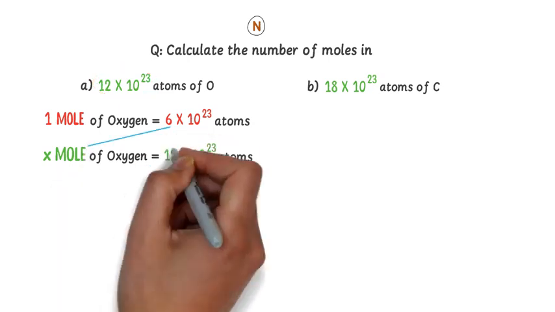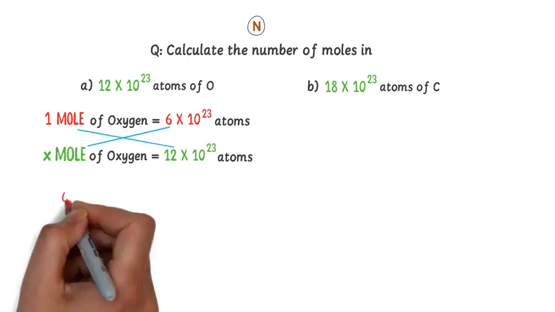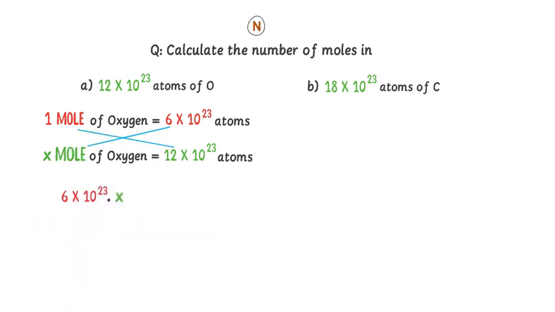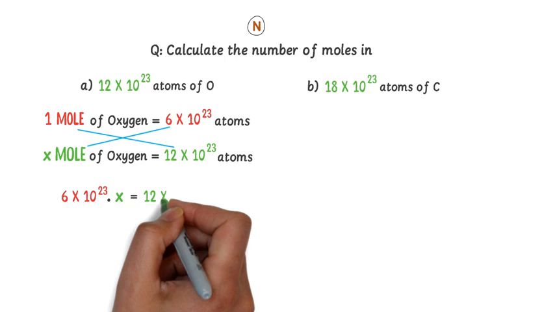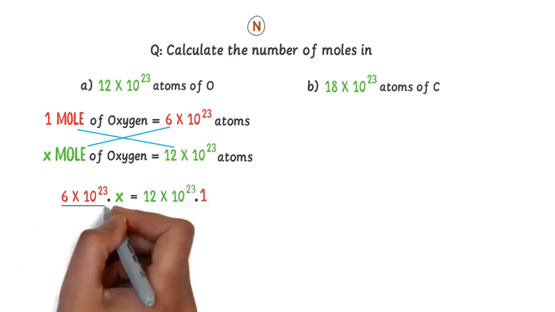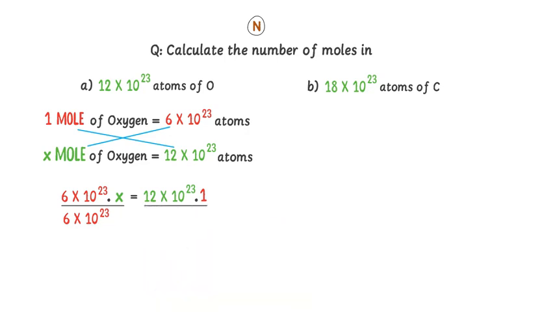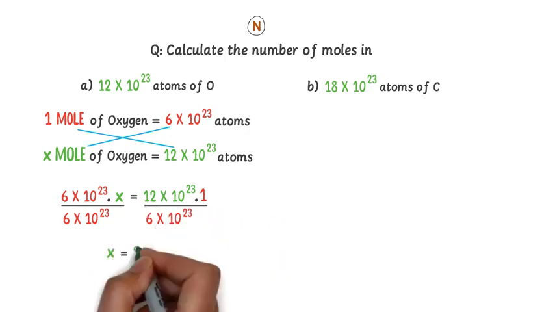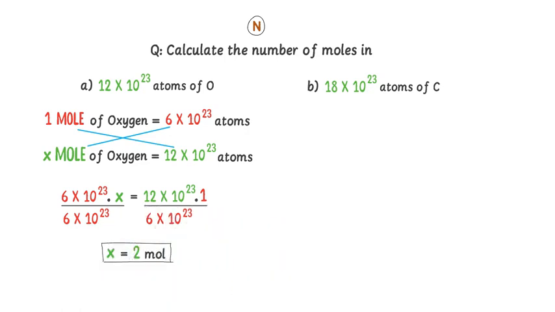Now cross multiply them. I get 6 into 10 to the power 23 into X is equal to 12 into 10 to the power 23 into 1. Dividing both sides by 6 into 10 to the power 23, I get 2 moles. So there are 2 moles of oxygen present in 12 into 10 to the power 23 atoms.